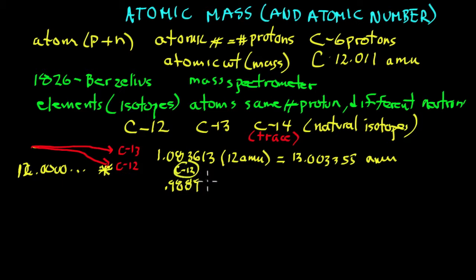So if you take this percentage times the exact value of the mass of 12 AMUs, plus, for carbon-13, the percentage left over, which is 0.011, multiplied by the weight of carbon-13, and for practical purposes I'm just going to put a 13 here, see, it's 0.003.